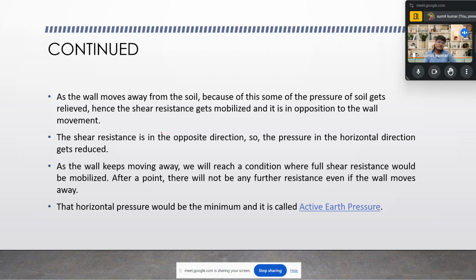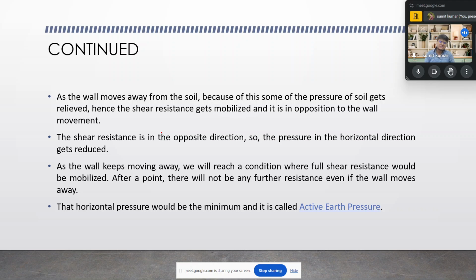But in the condition when the soil pressure is so much that the wall is moves away from the backfill, it is a normal thing to understand that the pressure on the soil at the backfill is relatively released or relaxed, resulting in the reduction of pressure there.